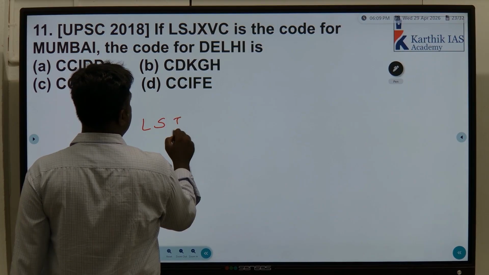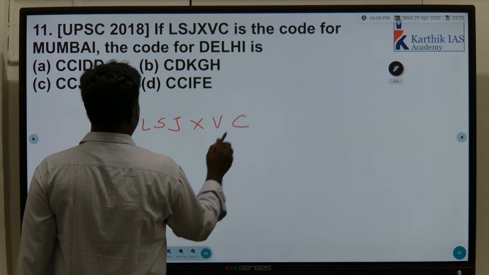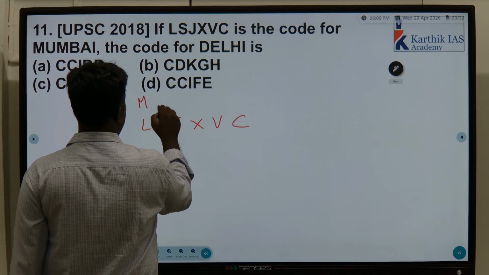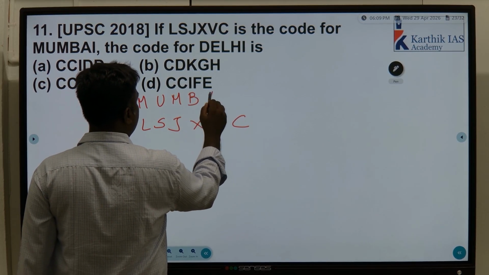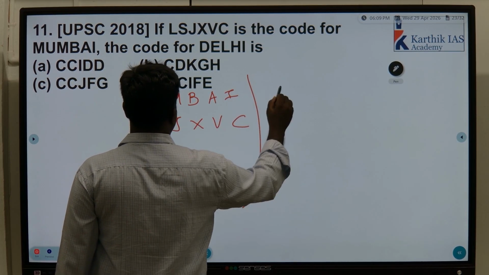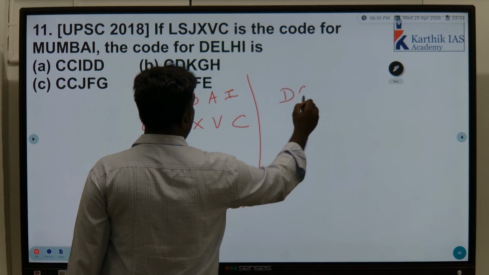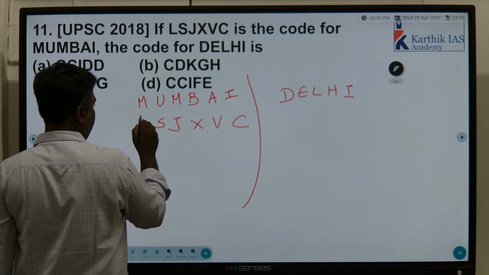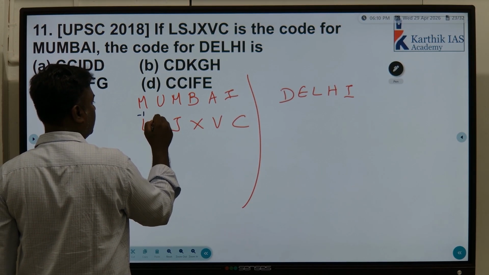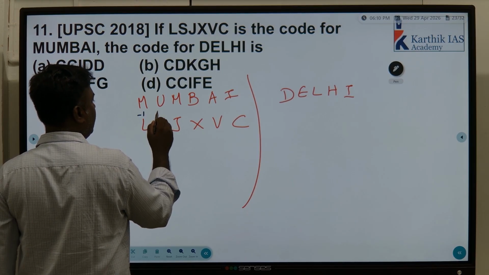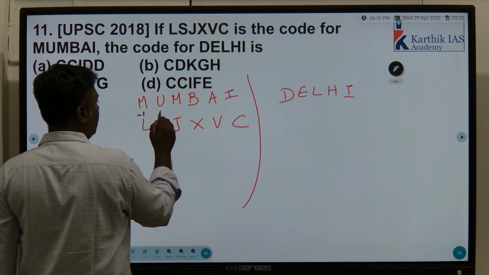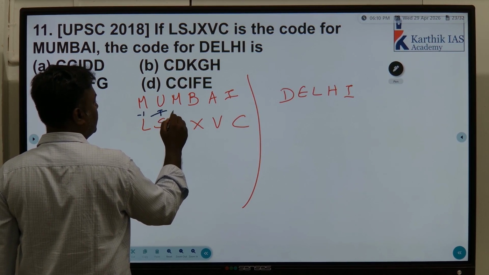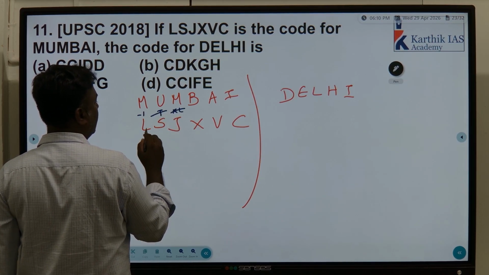L S J X V C is coded for Mumbai. Understand? Mumbai was coded like this. Similarly, they are asking the code for Delhi. Okay, minus 1, one letter before. S T U, T is missing. J K L is missing. Understand?